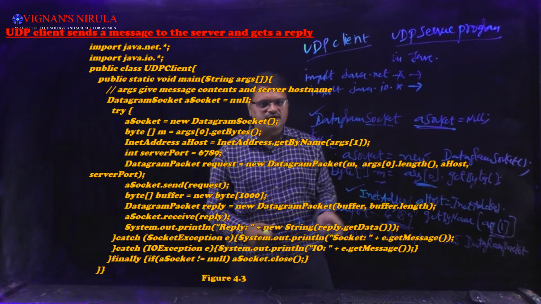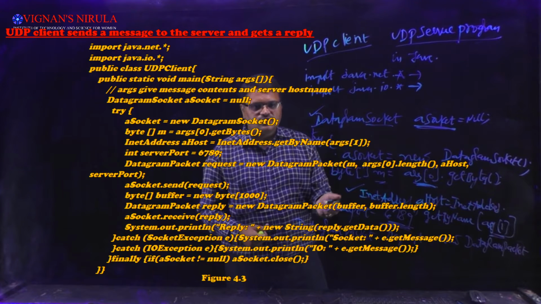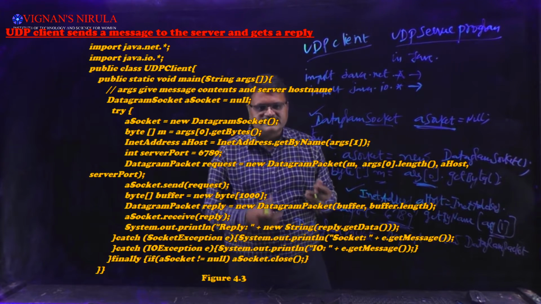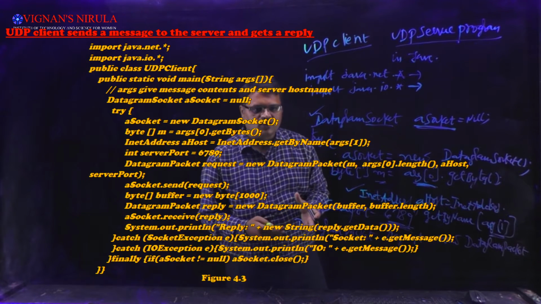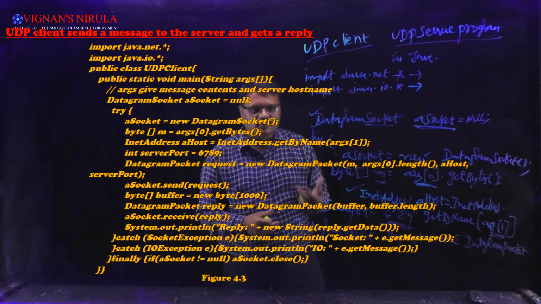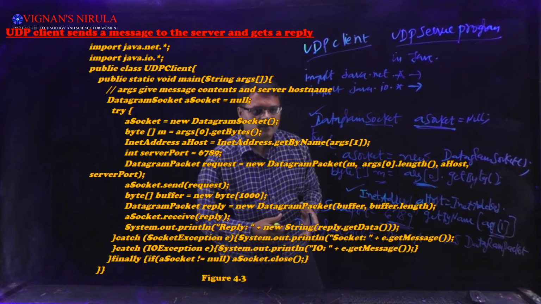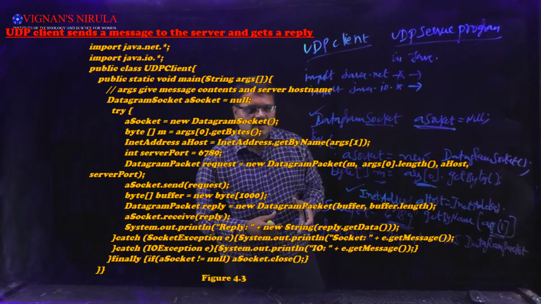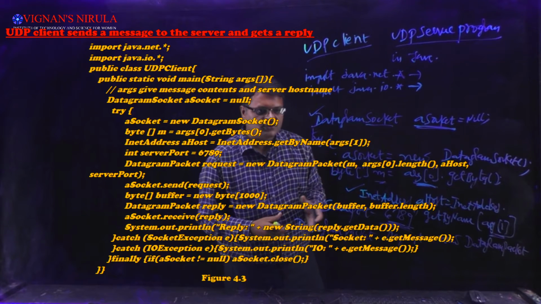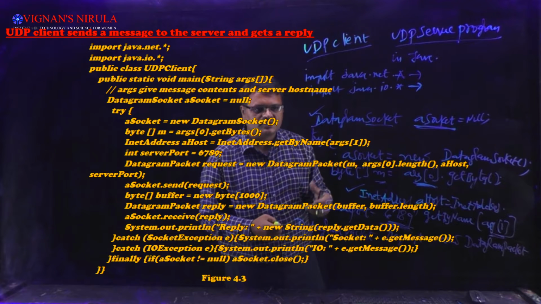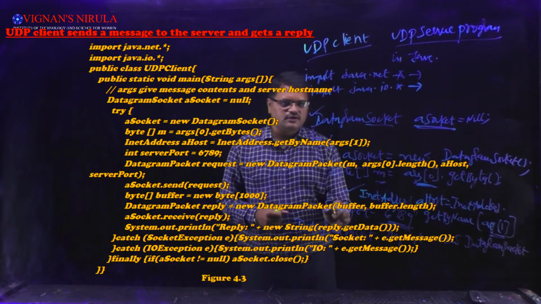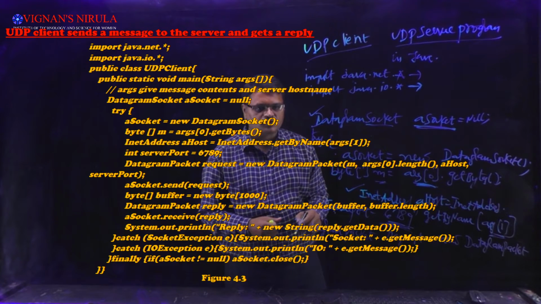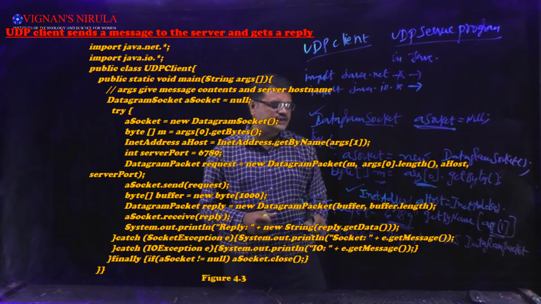Okay, net and IO. So here we will construct a packet. So that is DatagramPacket request equal to new DatagramPacket. In this we will pass the message, args[0], and also the aHost and serverPort. So int serverPort equal to 6789.